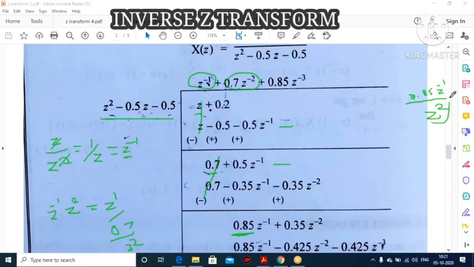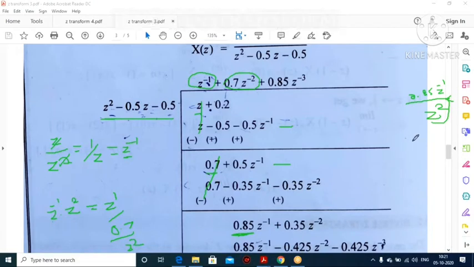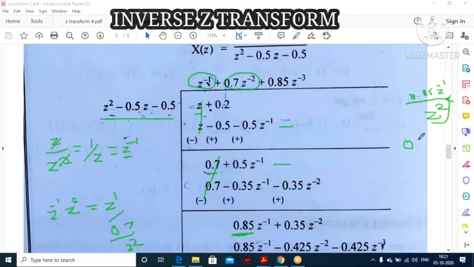So this z square, when it comes here, becomes z power minus 2. So it means 0.85 z to the power of minus 2 minus 1.